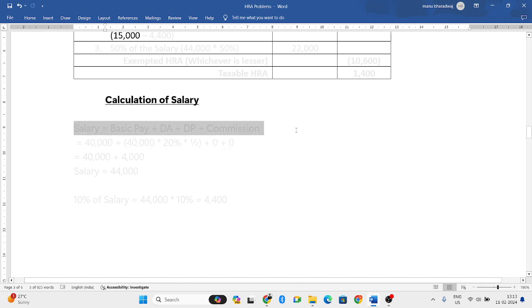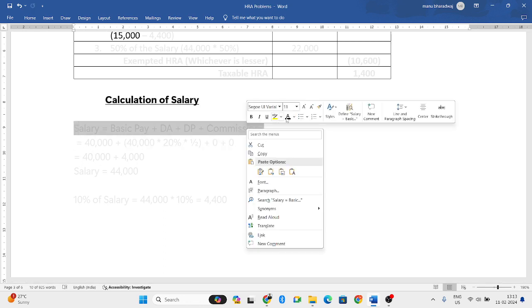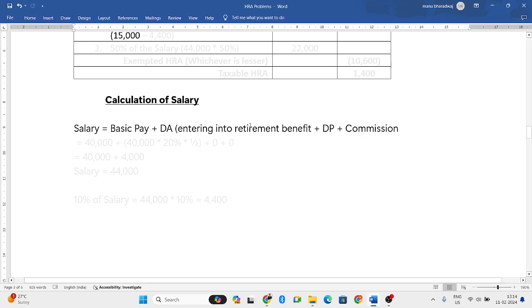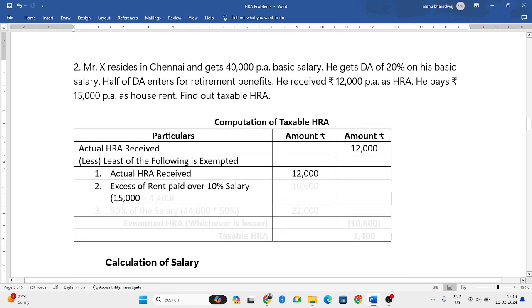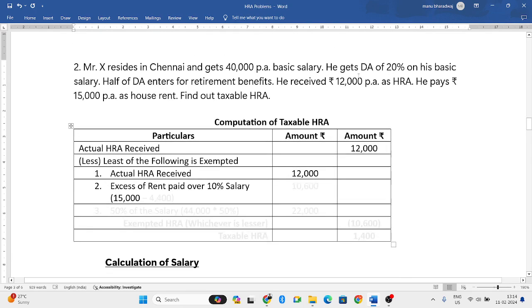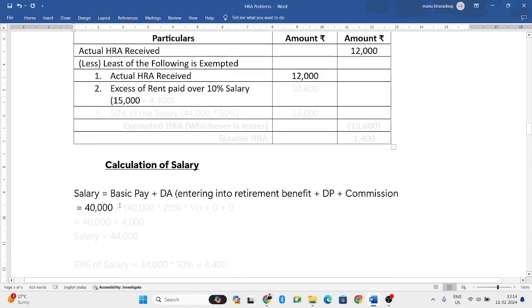Salary is equal to basic pay plus DA which is entering into retirement benefit, plus DP, plus commission based on turnover. The basic pay given in the question is 40,000, plus DA. They have told that 20% enters.